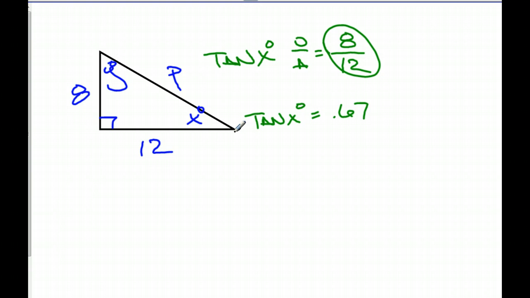If the tangent of x degrees equals 0.67, you should be able to put arctan of 0.67 into your calculator, and it should spit out an angle for you. What happens when you do that? 33.69.